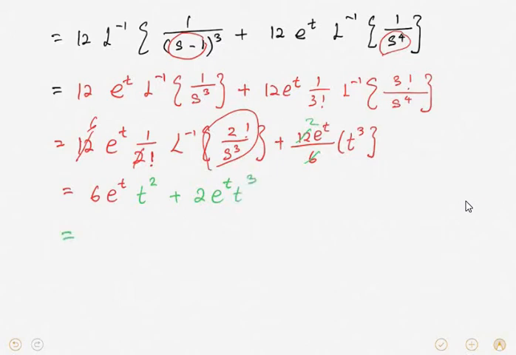We simplify it, so we have this one, we have same value, so we factorize it. 6 t power of 2 plus 2 t power of 3, and then multiply with exponent t.